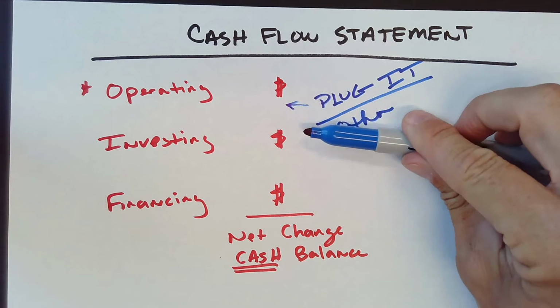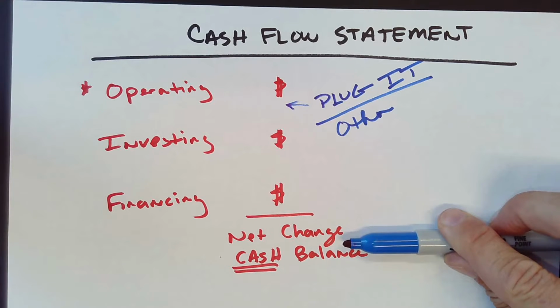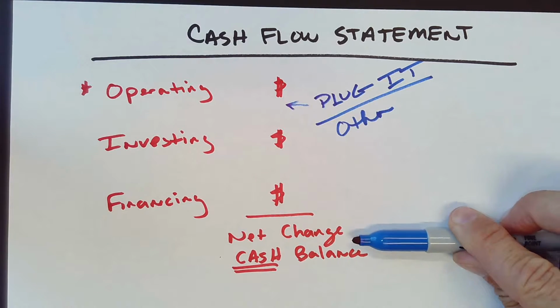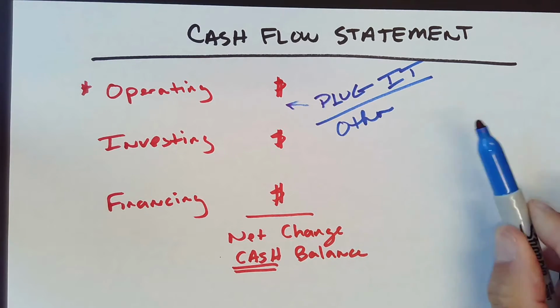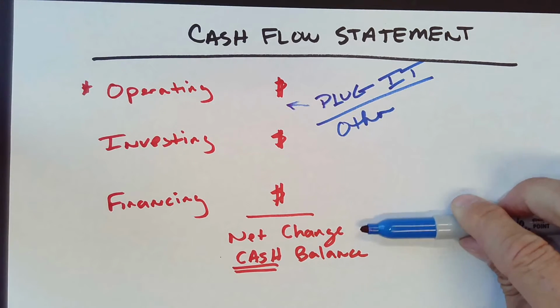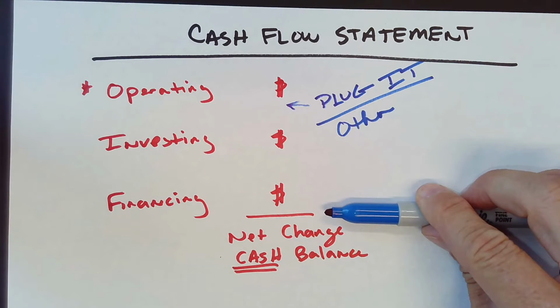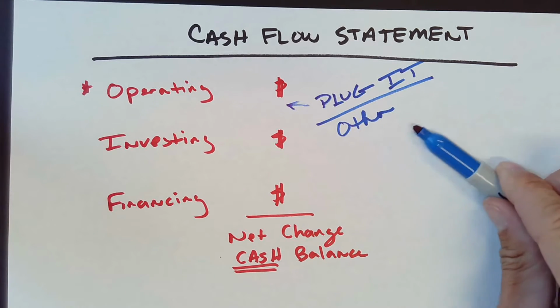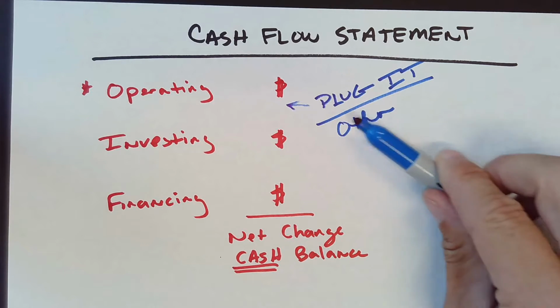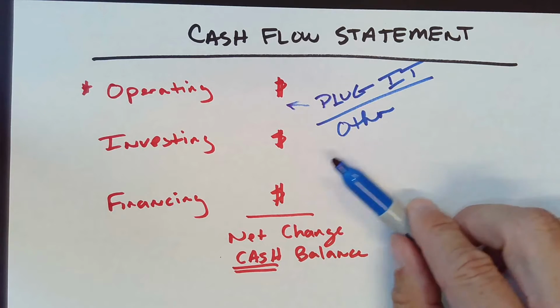These three things added together have to equal the difference between your cash last year and your cash this year. Whatever that difference is, these three things have to equal that. If they don't, then put it in other and make sure it does equal. There may be a reason. It's probably not material. I don't care.